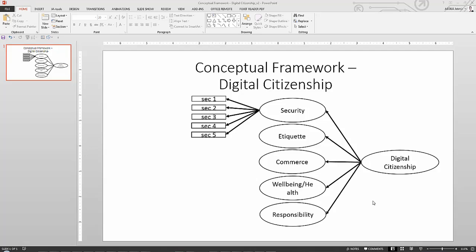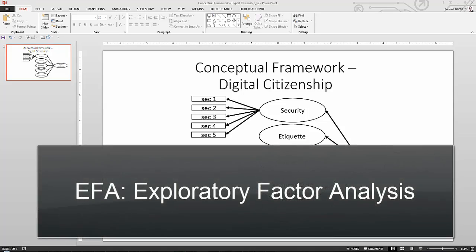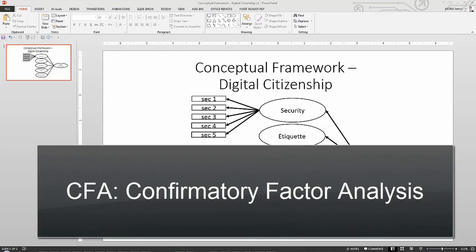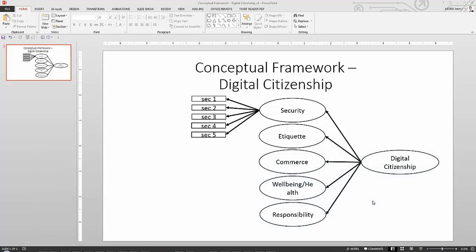The simple one is the EFA, which is the exploratory factor analysis, and we won't be covering that in our series. And there is the CFA, or the confirmatory factor analysis. So with CFA, we can truly validate our instrument. In the next topic, we'll be looking at the AMOS. AMOS is a tool which we use to run CFA.